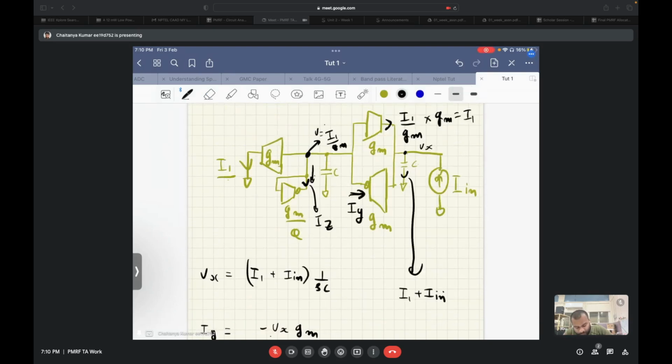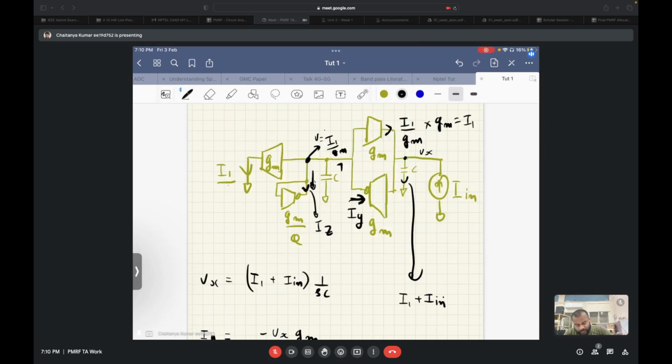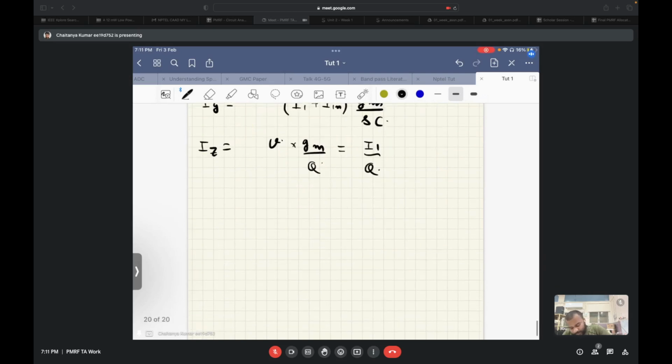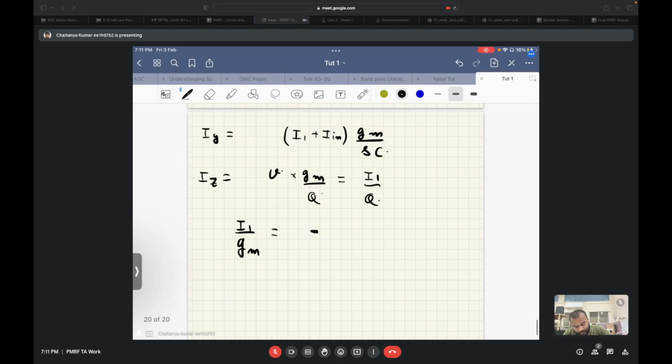So what we have now is a current IY that is pulled out in this direction, and a current IZ that is pulled out in this direction. So the total current that is pulled out of this capacitor is IZ plus IY. So the voltage, that is I1 by GM, can also be written as IZ plus IY times the impedance of this capacitor, that is 1 by SC. So let's write it down. I1 by GM is equal to minus of IZ plus IY divided by SC.